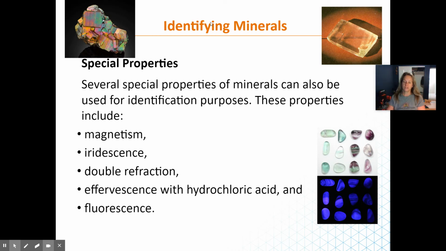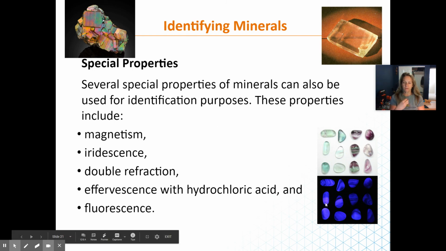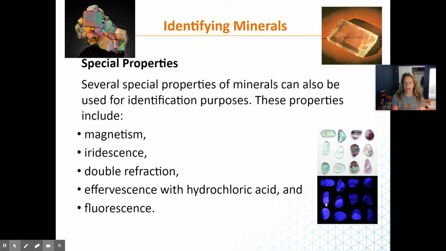So that's kind of what these are doing. They're absorbing UV light, and sometimes they reflect that UV light when you shine a light on them. Sometimes they will actually absorb that light and you can turn the lights off and they will actually glow for a little while. So that's pretty crazy. But some minerals do exhibit these weird types of properties, and they're pretty unique to that mineral. So you know exactly what mineral you're looking at when you see that.